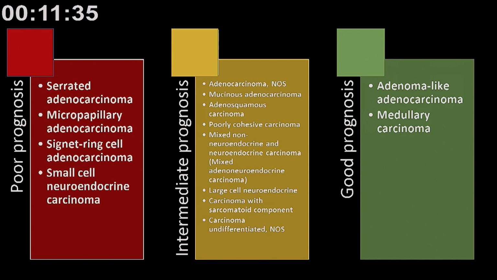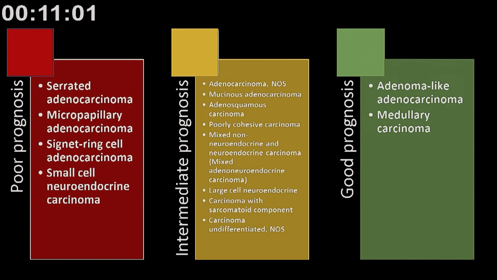The good prognosis ones are adenoma-like adenocarcinoma and medullary carcinoma. Now intermediate prognosis: adenocarcinoma NOS, mucinous carcinoma, adenosquamous carcinoma, poorly differentiated and poorly cohesive carcinoma, mixed non-neuroendocrine carcinoma, then large cell neuroendocrine carcinoma, carcinoma with sarcomatoid component, and undifferentiated carcinoma.